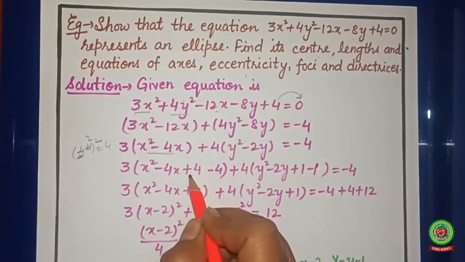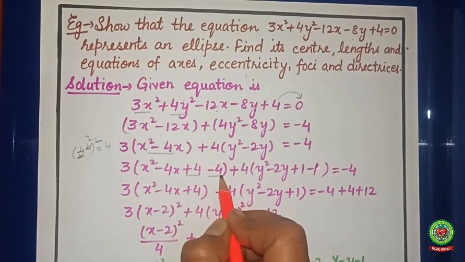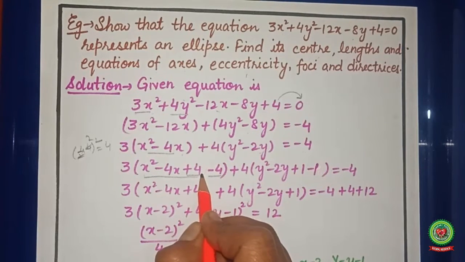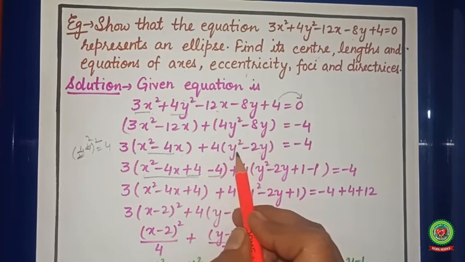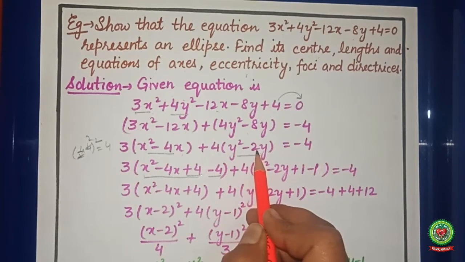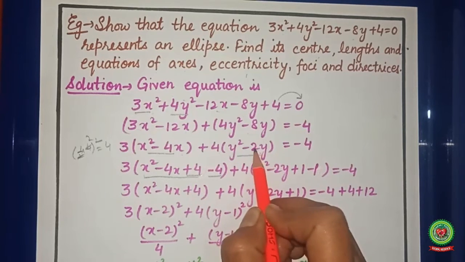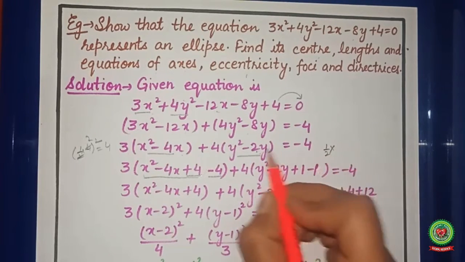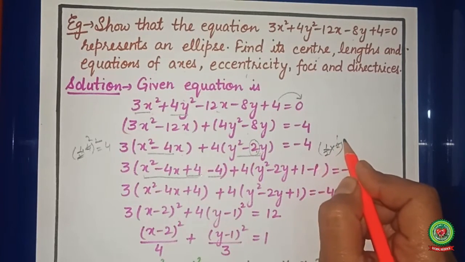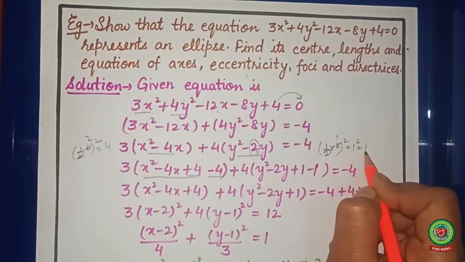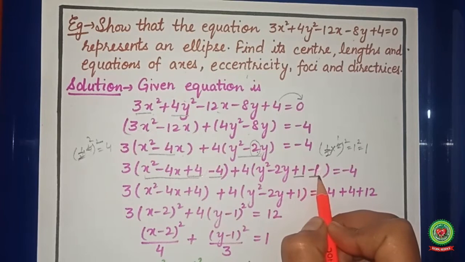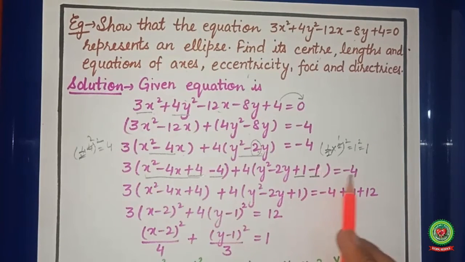So we will add and subtract 4 in this bracket, so that from the first three terms we get a perfect square. Similarly, in the second, it is y square minus 2y. For completing the square, we have to add and subtract the square of half of the coefficient of y, that is half of 2, whole square, and 1 square is equal to 1. So, here I have added 1 and subtracted 1. So, it is equal to minus 4.